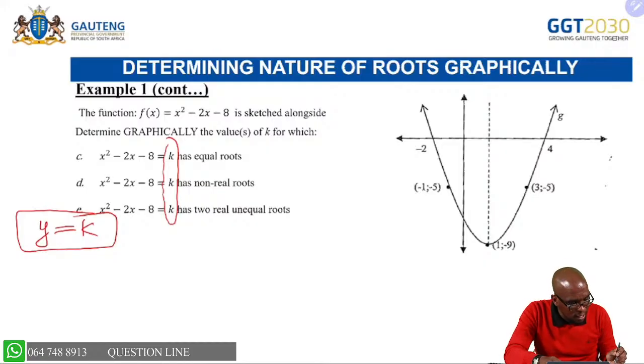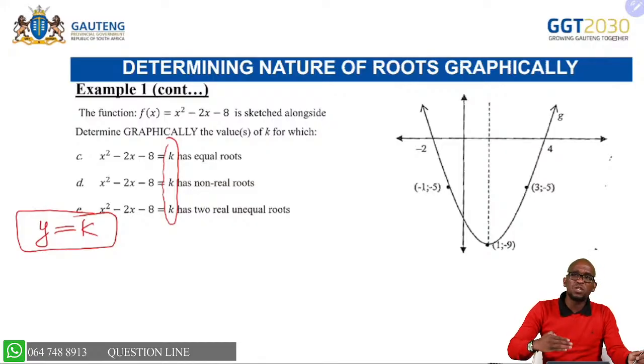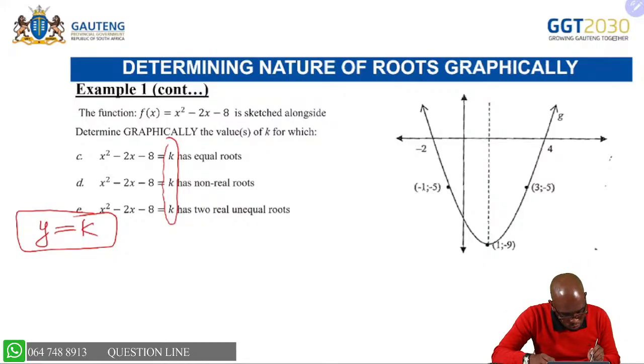Now, if you check here, they said it has equal roots. The first one says equal roots. I'm interested in the line y is equals to k. Now, what you do here, grade 12, is that you're going to start with your line below the turning point. So this would be my line. I'm just going to put it at the turning point first.